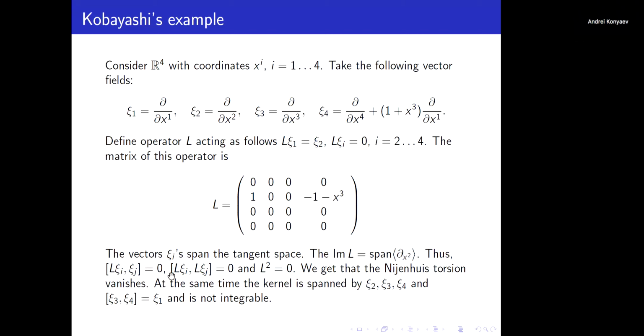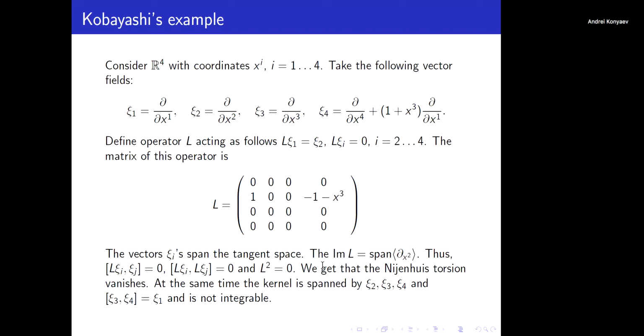And applying this, we also get 0, and we'll see that this operator squared is 0. So if we take all these three things and substitute them into the formula for the Nijenhuis torsion, then we'll get 0, obviously, right? Just all the summands, they're 0. And as Nijenhuis torsion vanishes, then this operator is a Nijenhuis operator.